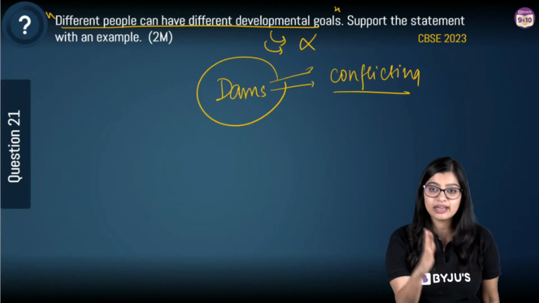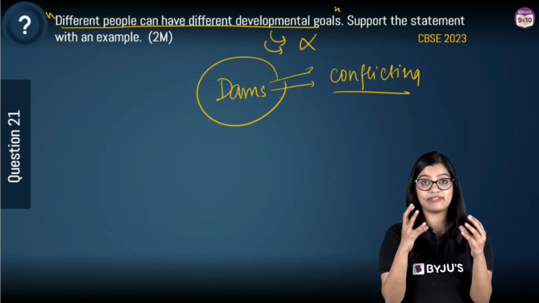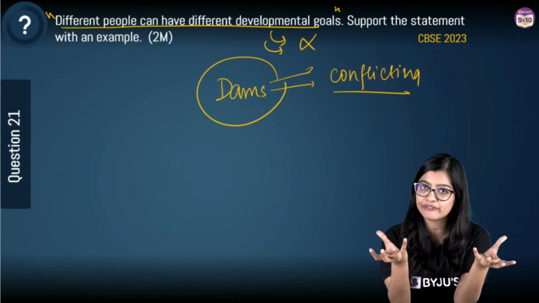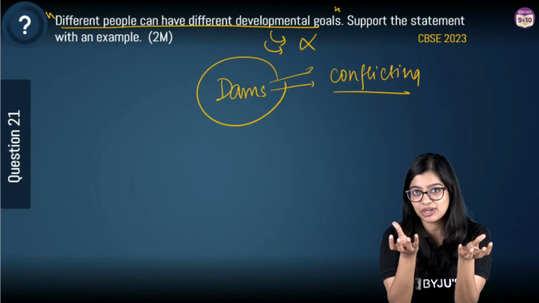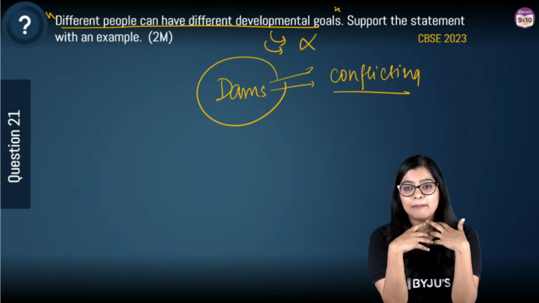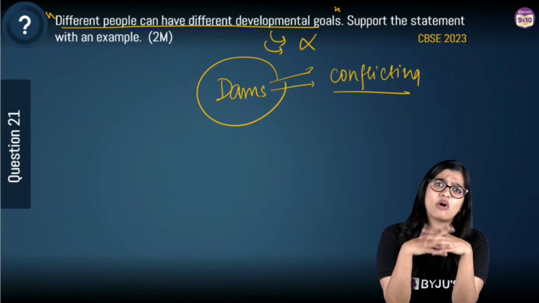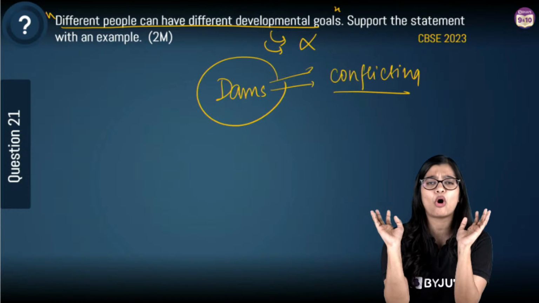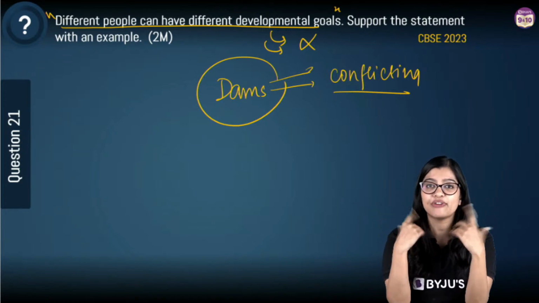The intent here is to say that what we consider developmental goals could be individual for two different people. That could be positive. You and I may want to teach more kids. I want to teach kids all over India, while your goal could be to get all India rank 1 in the board exam. Those are two different goals because of our profession.